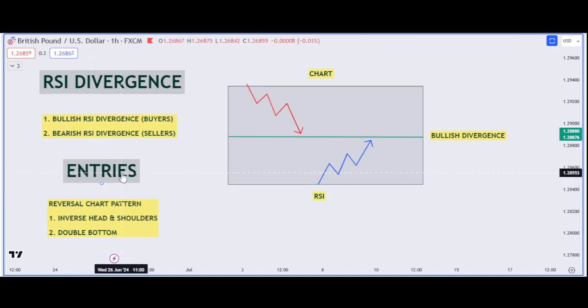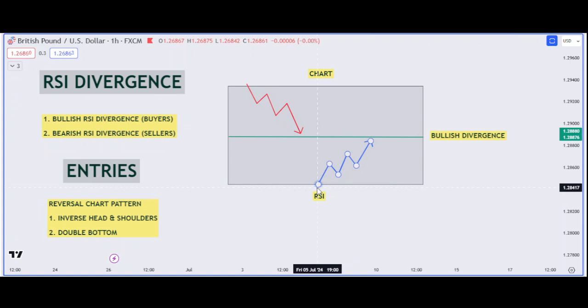When you spot the RSI divergence, you should be looking out for a reversal chart pattern at the RSI oversold zone. You know, when you are using the bullish RSI divergence, which represents the buyers, that means you are taking your decision when the market is at the oversold zone.